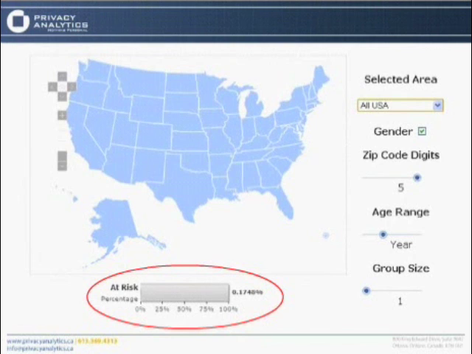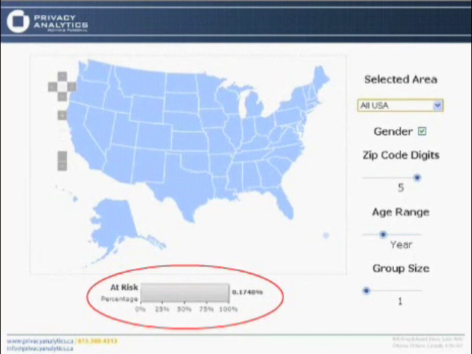So having ZIP5 data and year of birth under certain conditions would be considered a low and acceptable risk for releasing data. By reducing it to ZIP3, we've ensured tiny risk, but with ZIP5, the risk is still quite small.